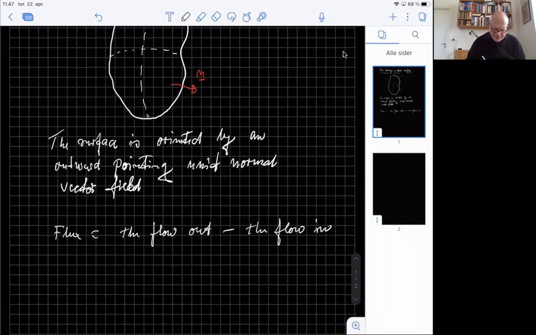So if the flux is greater than 0, then there is a net expansion, and you're talking about having a source.